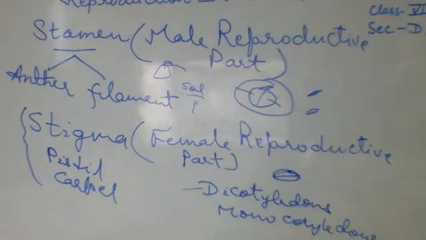And please, children, differentiate between male part and female part. You all make this mistake again and again. And also the different types of asexual reproduction, vegetative propagation, and the examples of vegetative propagation.